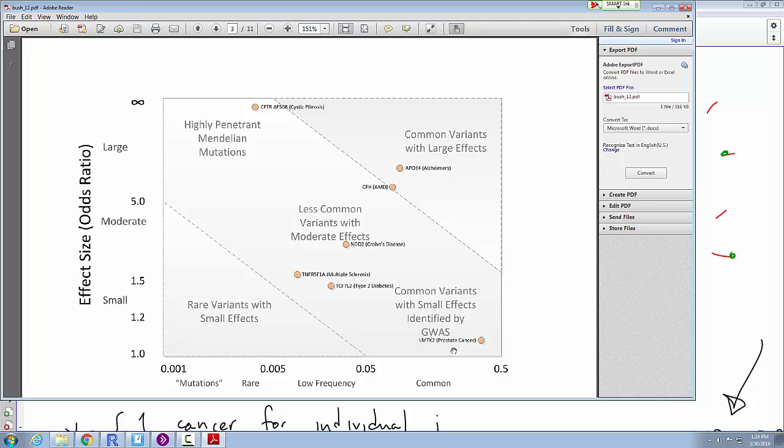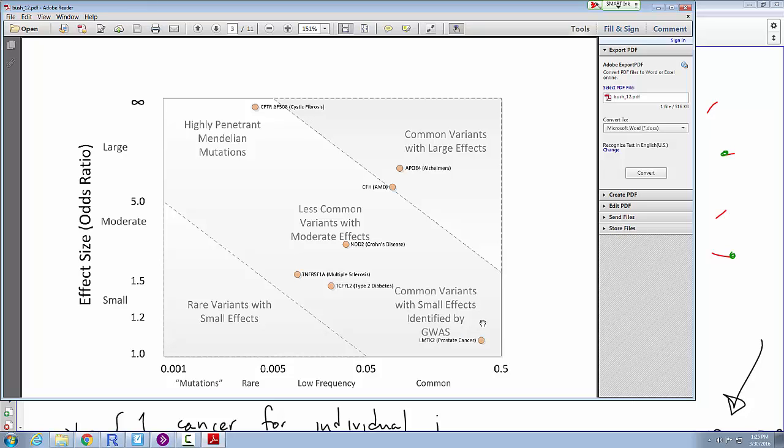My dad had prostate cancer, but you would not learn much by genotyping him and genotyping me, because prostate cancer is common in the population, and it's thought to be driven by many small changes. Highly penetrant cystic fibrosis: think one major mutation, very rare, that has a big effect.